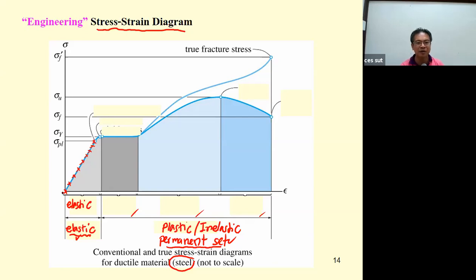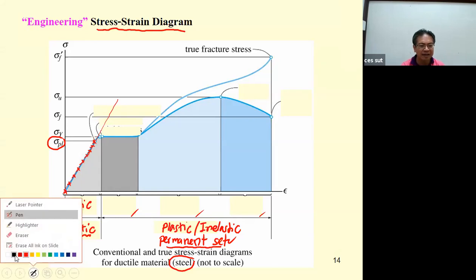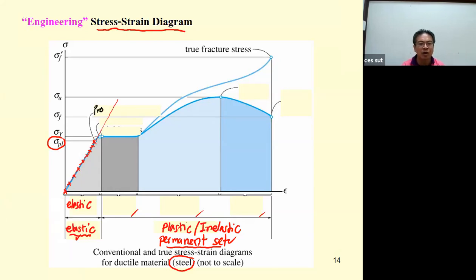And then if you put a ruler over here and draw the line, the point where the line separates from the curve is the last point where the stress strain diagram is linear, or proportional to the stress. We call this point the proportional limit.